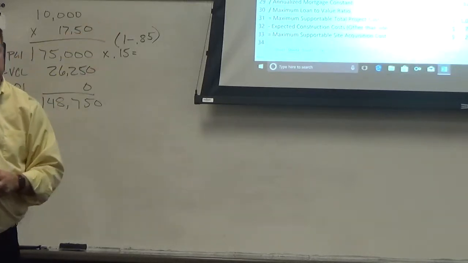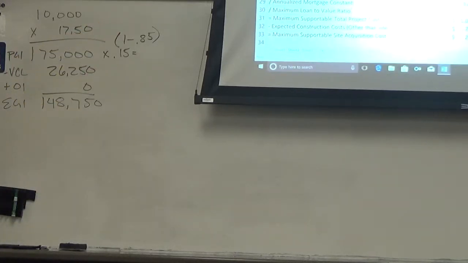So you're seeing all we're doing is just flipping everything. Makes sense? This one is a little bit easier to do, conceptually at least, because you're working from the top down in terms of the logic and doing the calculations, especially when you're doing them by hand.